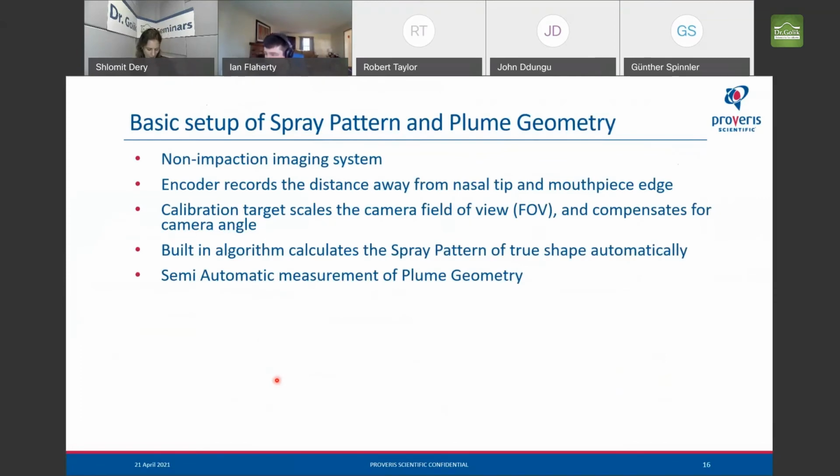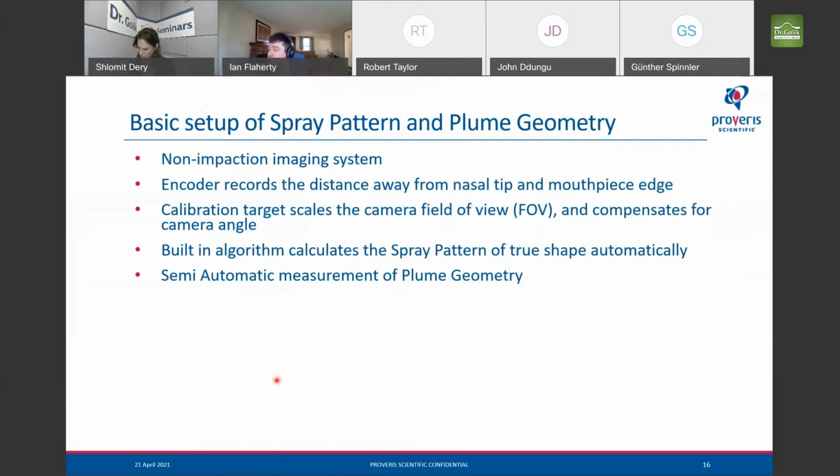So just to break it down, it's a non-impaction imaging system. We have encoders that record the distance from the nasal tip or from the mouthpiece edge, which helps with setting measurements at different distances as required by different regulatory bodies. So with spray pattern, generally they require you measure at 2 different distances away, generally 3 and 6 centimeters.